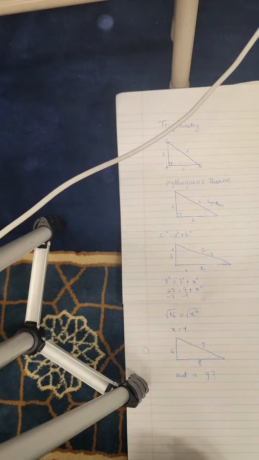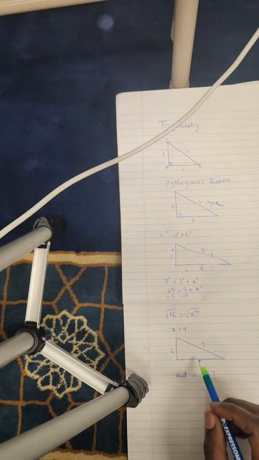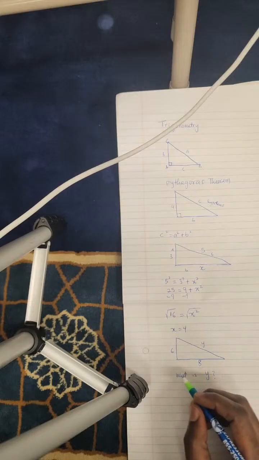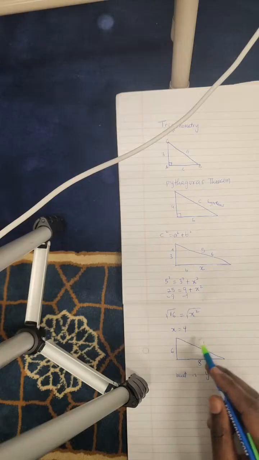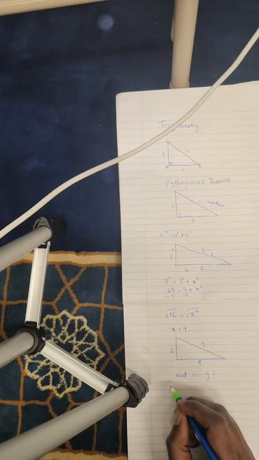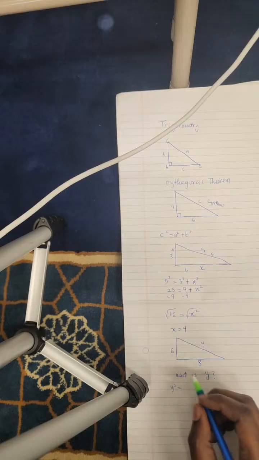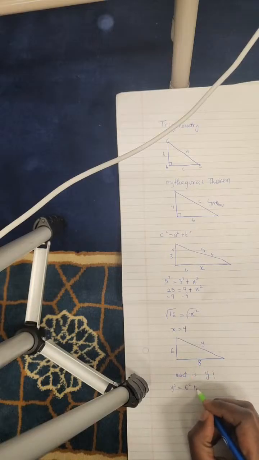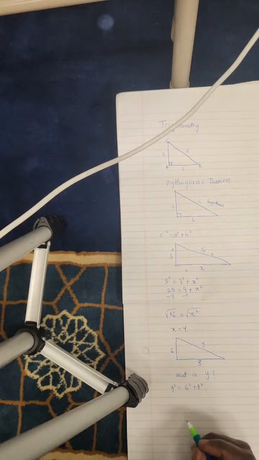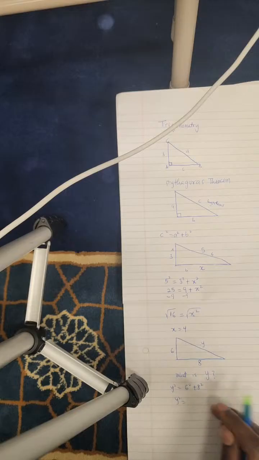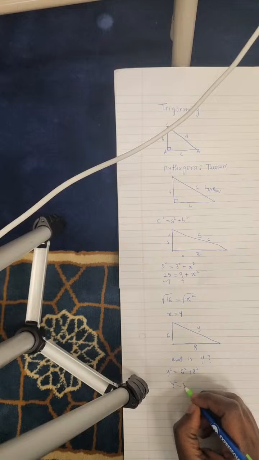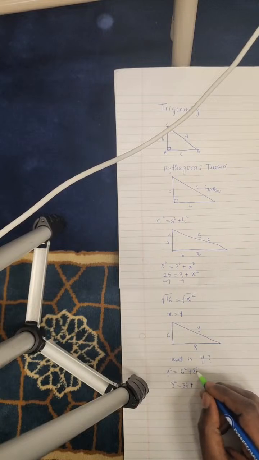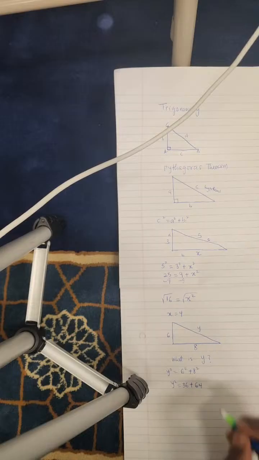Now, let me just do this. Using the same approach, the same rule here, I'm going to have y, which is the hypotenuse, squared equals 6 squared plus 8 squared. And here we have y squared. 6 squared is 36, and 8 squared is 64.